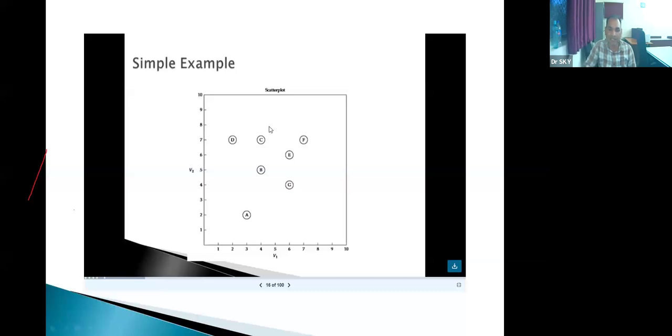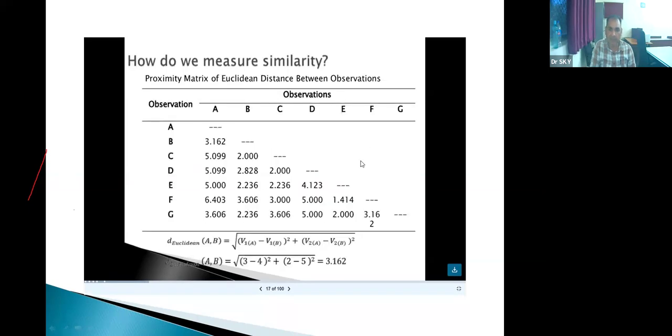These 3 are similar to each other, these 3 are similar to each other, but this is distant from these. So we can make 3 clusters, one having these 3 observations, another having these 3 observations, and this is distant from these 2. So we can put it as a single cluster.